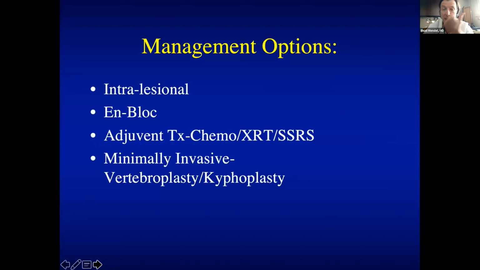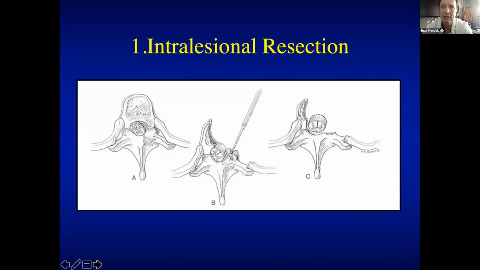I'm not going to spend too much on that. But ultimately, these are the 4 tools that we have to fix these fractures: the intralesional vertebrectomy, the en bloc resection, stereotactic radiosurgery could be an option, and then cement augmentation with vertebroplasty, kyphoplasty.